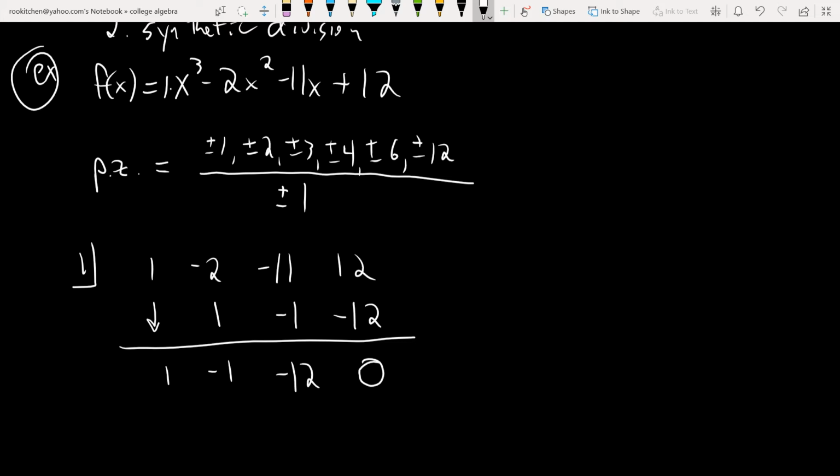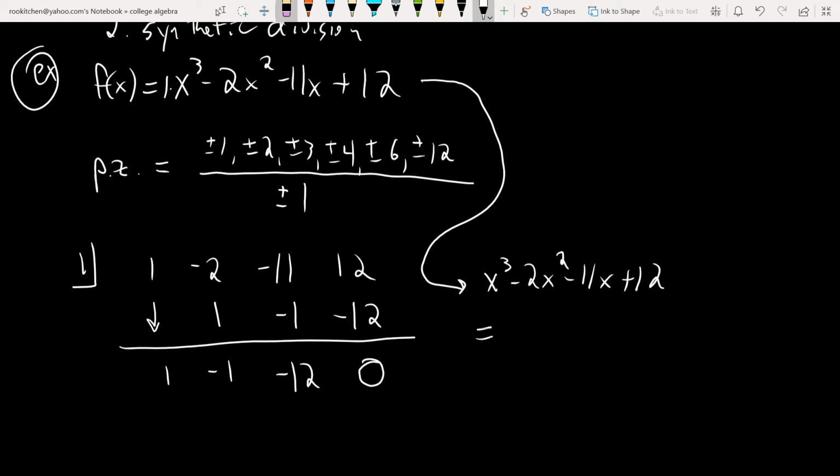And it then allows us to factor the original polynomial. So I could take this guy, and from this result, I could say x cubed minus 2x squared minus 11x plus 12 must be equal to, and now I'm going to borrow some of the material from the synthetic division.